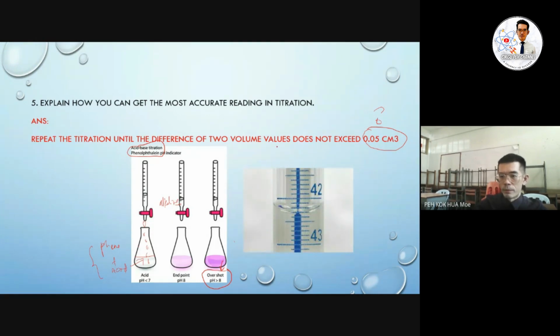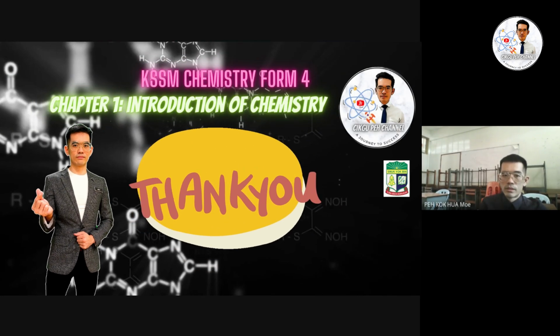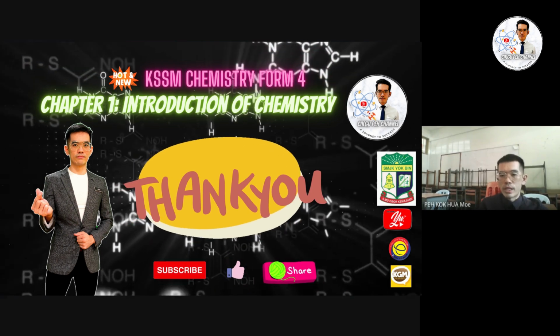We can see our burette here, which has a sensitivity of about 0.1 cm3. If your difference is more than 0.05 cm3, your experiment has to be repeated until the deviation is less than 0.05. So that's all for my discussion of chapter 1.